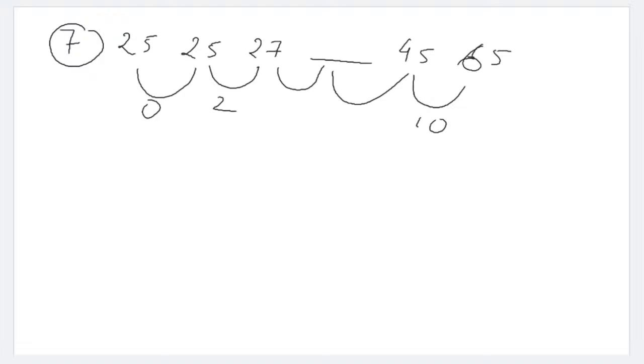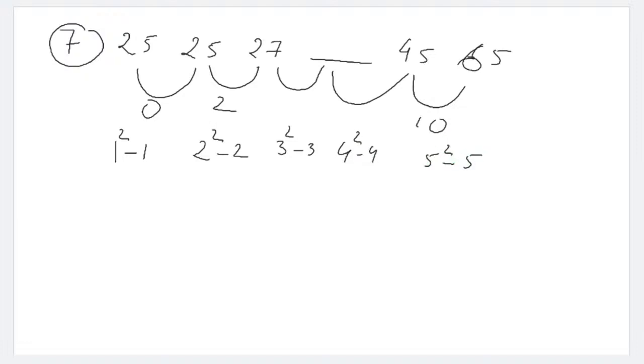But what if I write 1 square minus 1, 2 square minus 2, 3 square minus 3, 4 square minus 4, and 5 square minus 5.